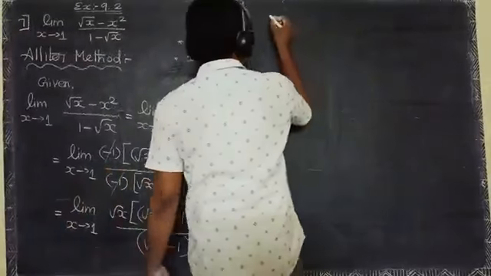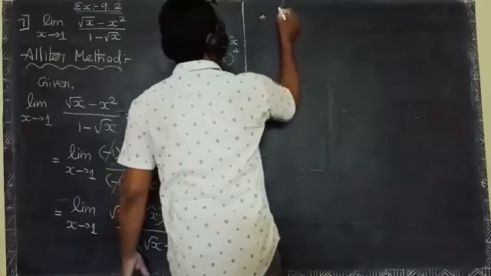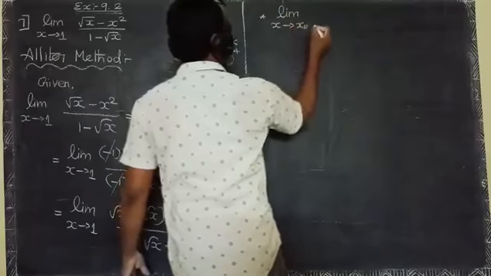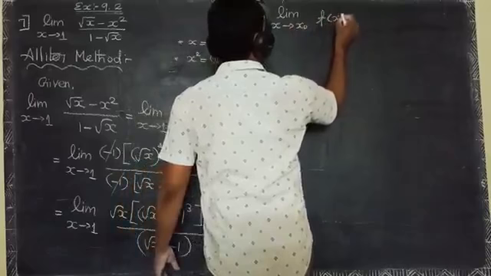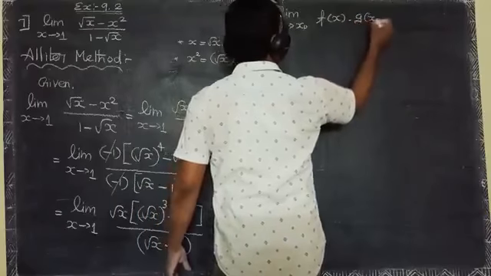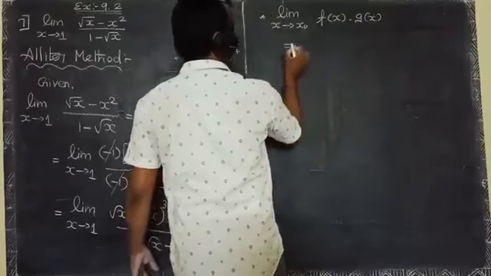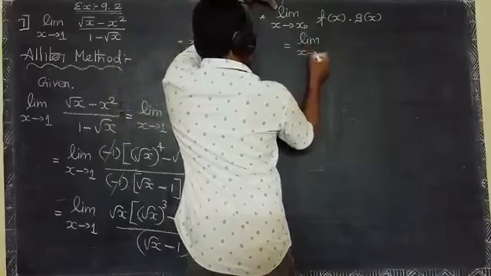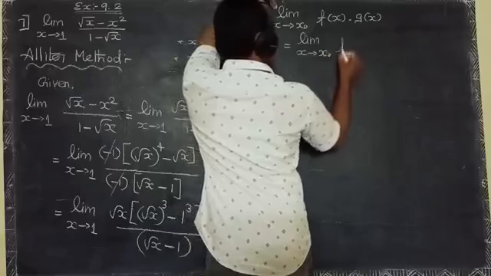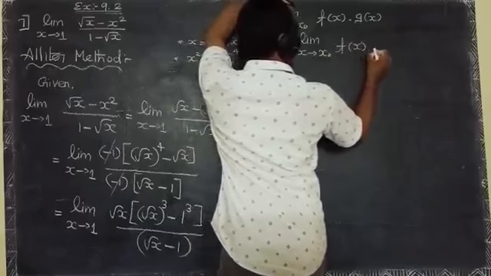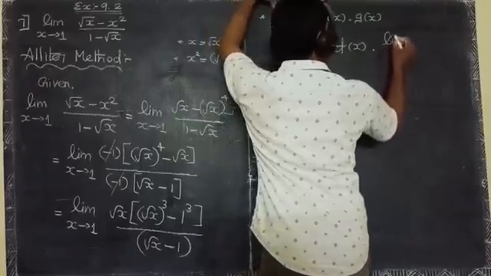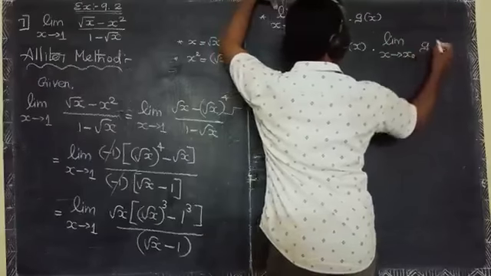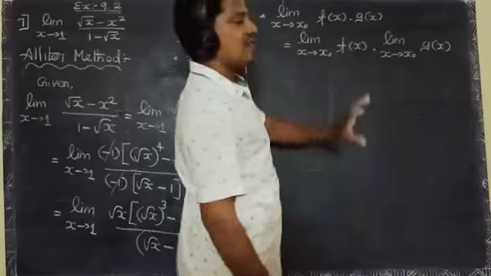Now we have two functions, using this property: limit x approaches x naught of f of x into g of x can be written as limit x approaches x naught of f of x into limit x approaches x naught of g of x.